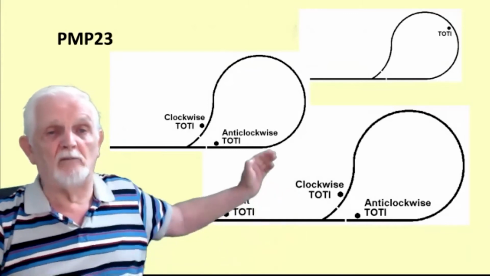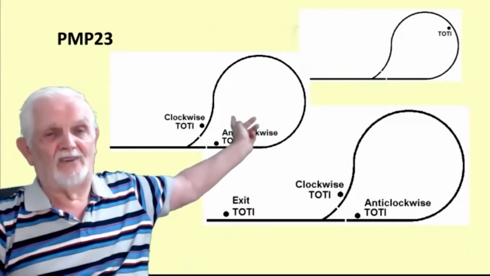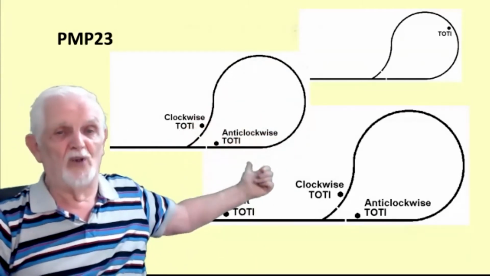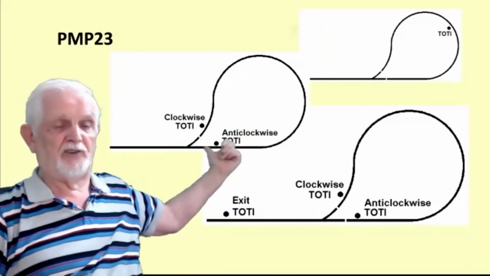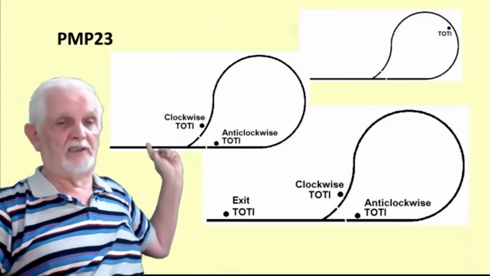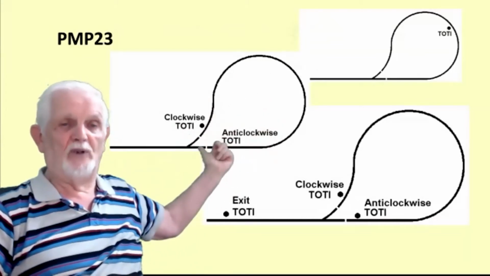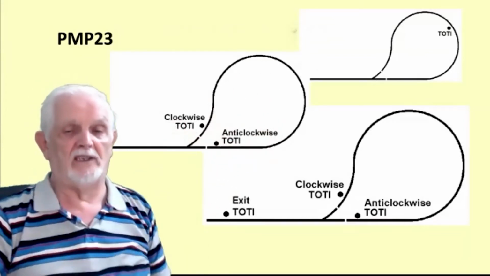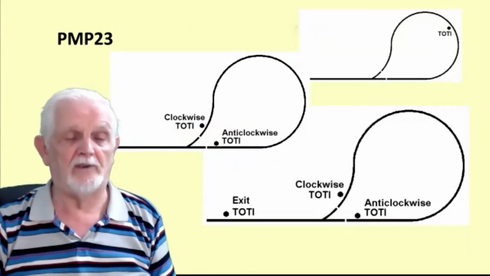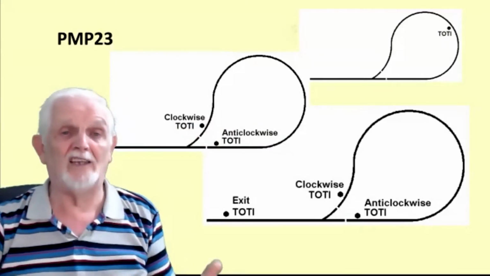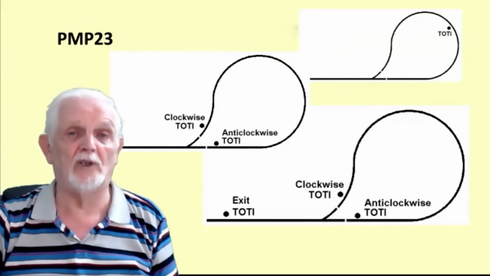In other words, if it comes in on the clockwise way, it'll move the point to straight ahead to get back out. If it comes in straight ahead, it'll operate the point to branch to get back out again. So it'll work in either direction, depending how you set the point last time. Doesn't matter, it'll still do a loop for you.